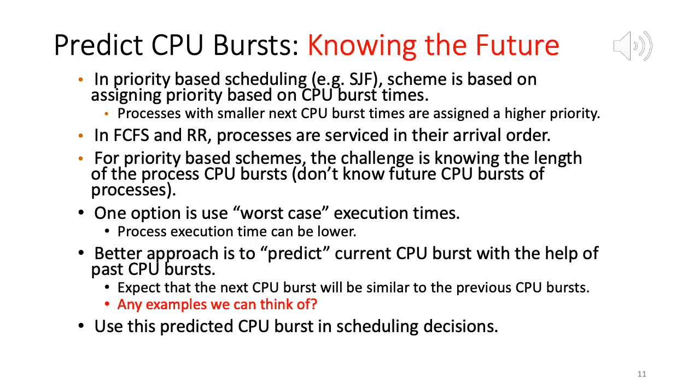In priority based scheduling, for example shortest job first, the scheme is based on assigning priorities based on CPU burst times. So you need to know the CPU burst time, and only then can you sort them and execute the algorithm, shortest one going first. Processes with smaller next CPU burst times are assigned a higher priority.